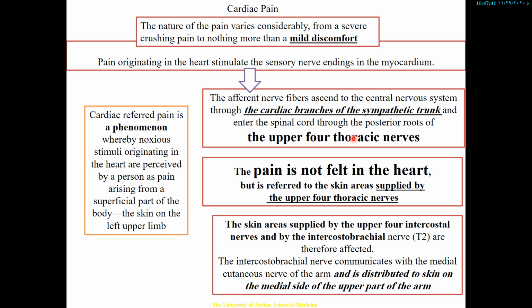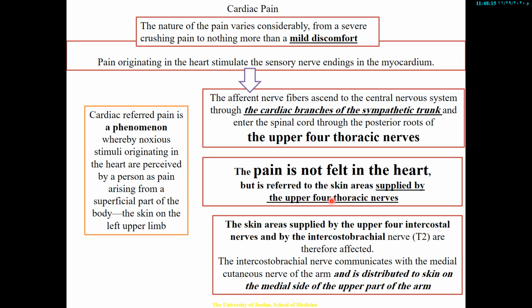So the heart is lying below these segments that we mentioned, and therefore the pain is not felt in the heart but is referred to the skin areas supplied by the upper four thoracic nerves, and the upper four thoracic nerves, we call them intercostal nerves, as they supply the first, second, third and fourth intercostal spaces, motor and sensory.